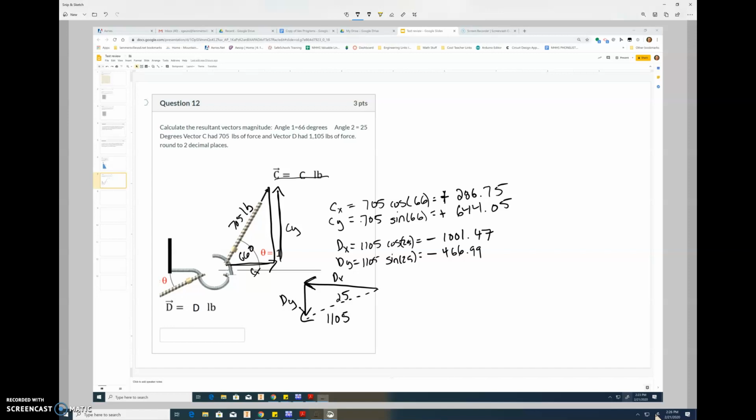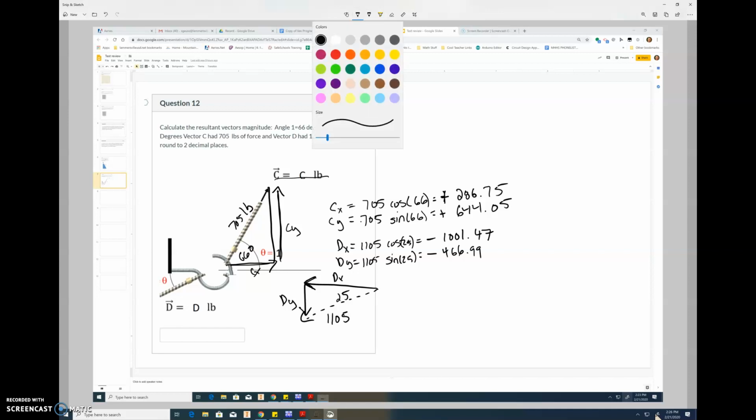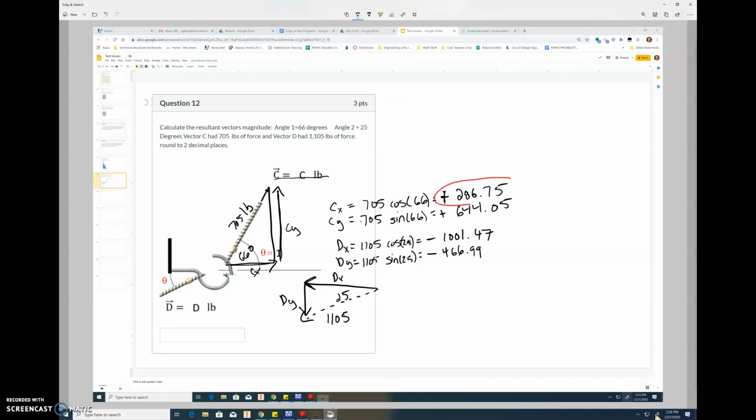Okay, so now that we have these values, essentially we have a bunch of different vectors pulling in these directions. So we're adding up the x's, and when we add up this x and this x, I have the resultant vector. We'll call that Rx, and the resultant vector in the x direction is negative 714.72.